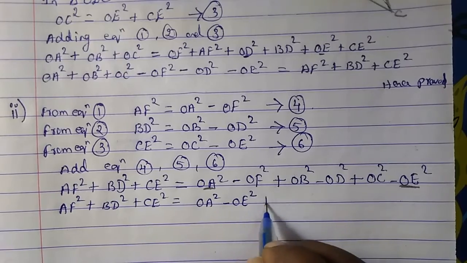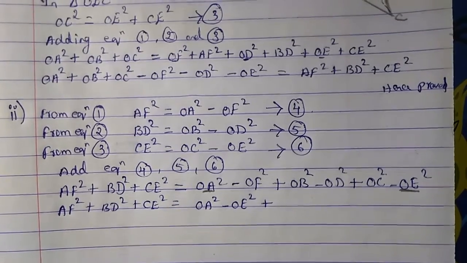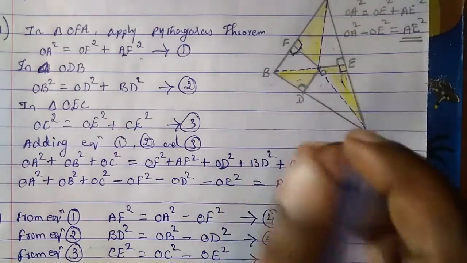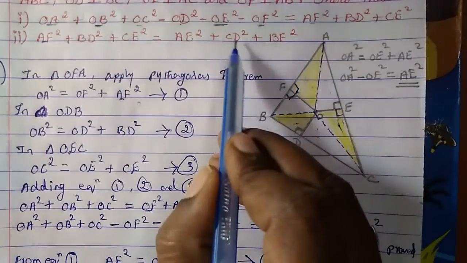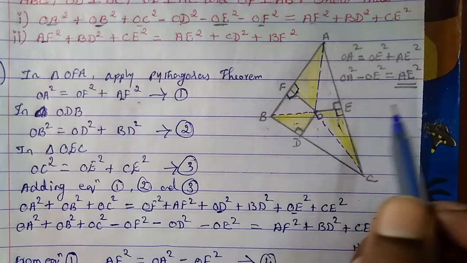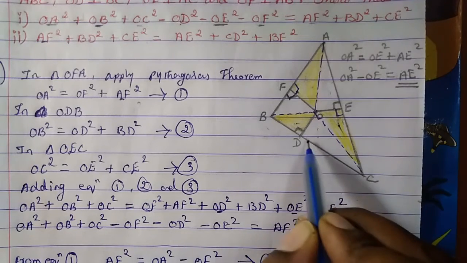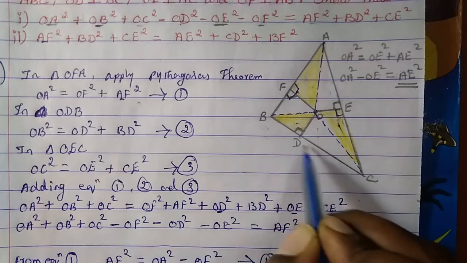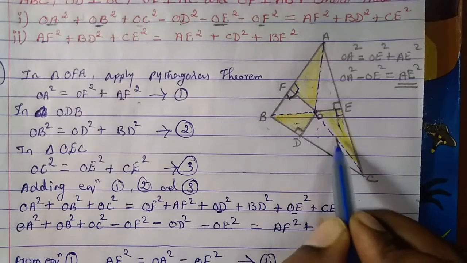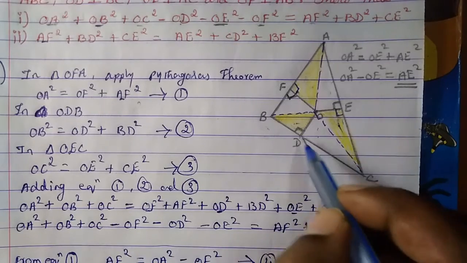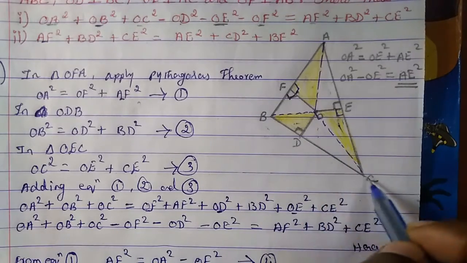Now plus. In the same way we get it for this triangle also. Next is CD, where C is here and D is here. To get CD, the hypotenuse is OC, so OC minus OD will give us CD.